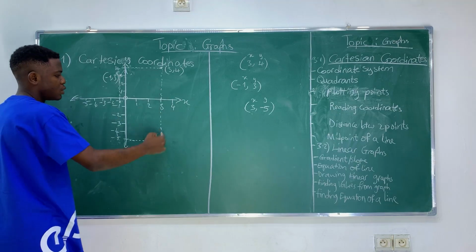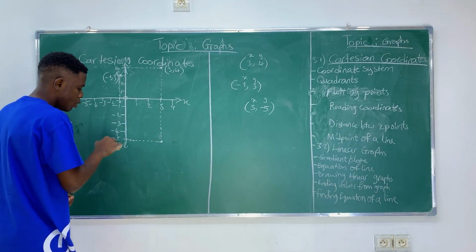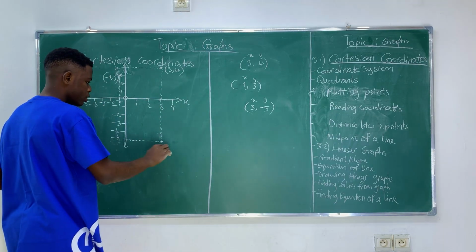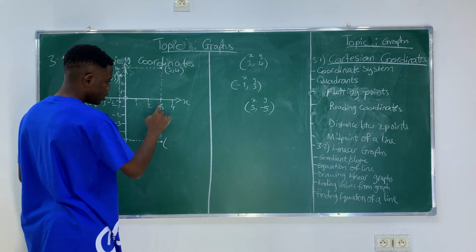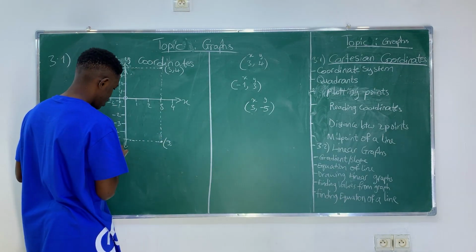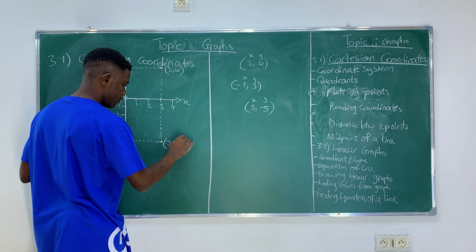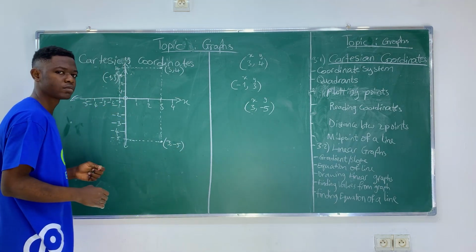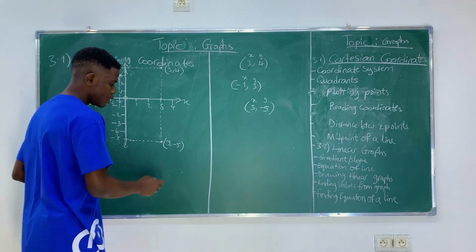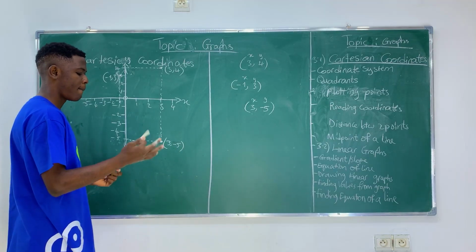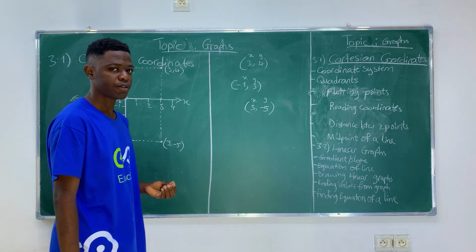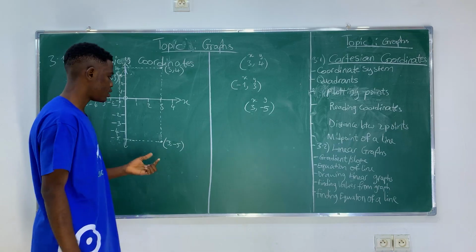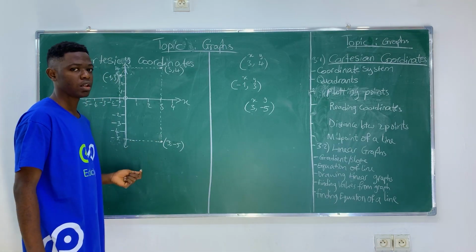When I put the lines, know that this is vertically down and this is horizontally rightward. So this is the point (3, -5). And in which quadrant does it fall? This is the fourth quadrant.